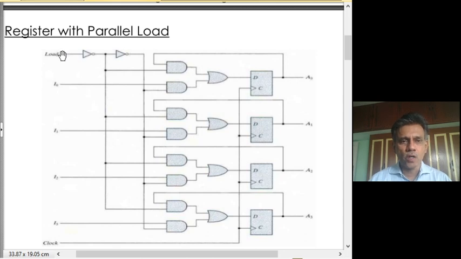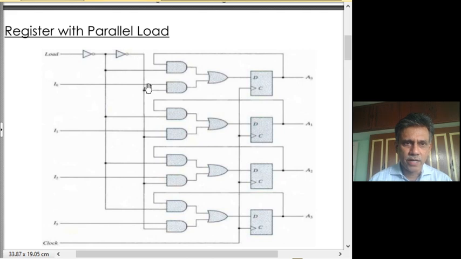So when the load is equal to 1, we let I0, I1, I2, I3 be available at the D input of these 4 flip-flops, and when a clock transition comes, they will get stored. On the other hand, when load is equal to 0, there will be a 1 here and a 0 here.